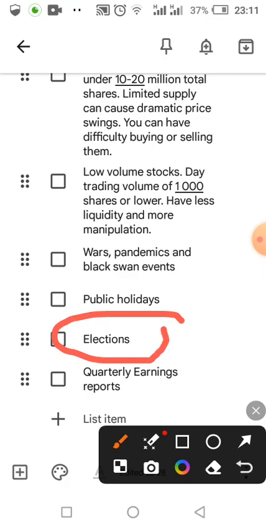Then for elections, also don't trade maybe a week before to a week after presidential elections of a country of the instrument that you are trading, be it a stock of a certain country, like maybe even Coinbase company or Porsche company for cars.